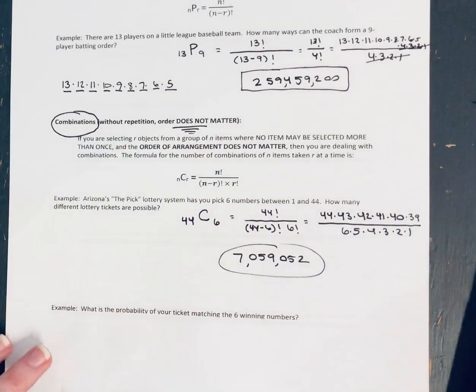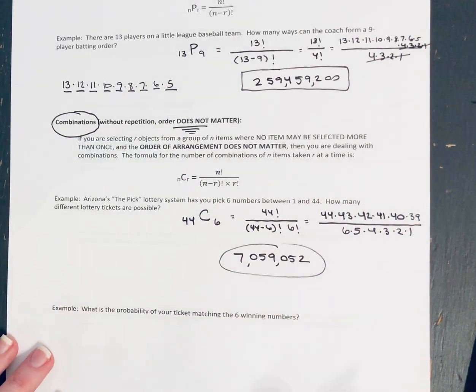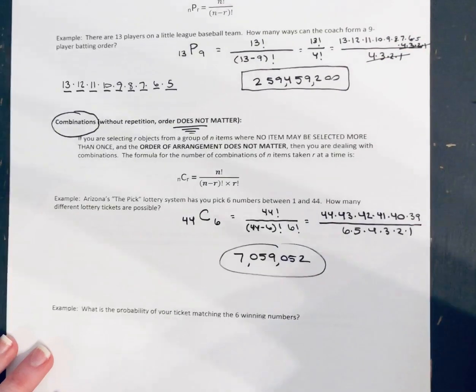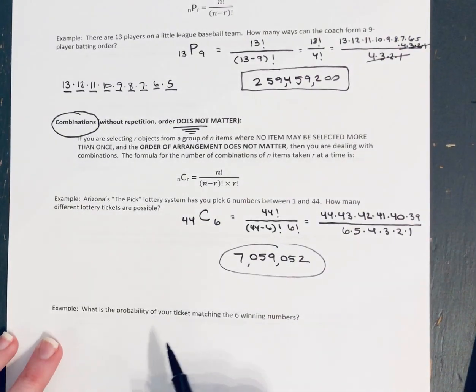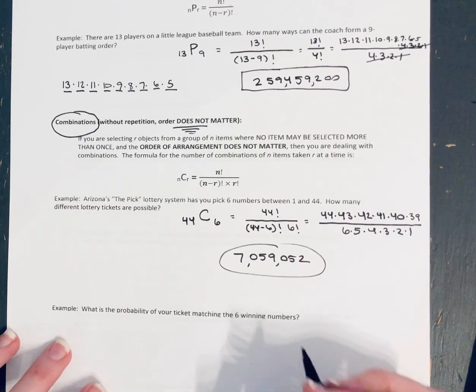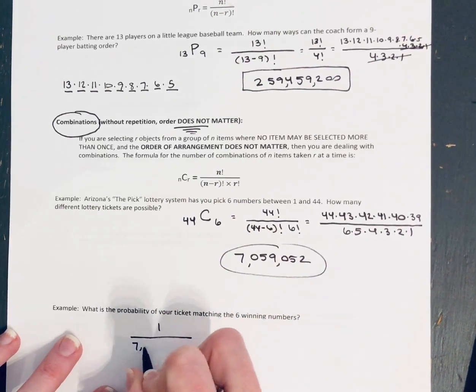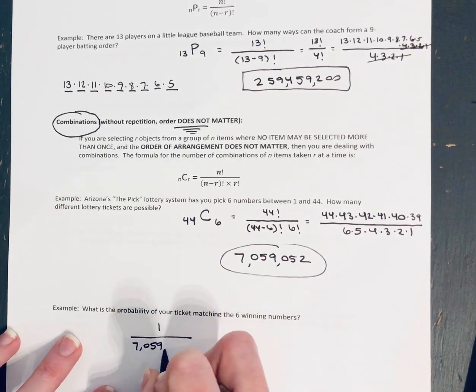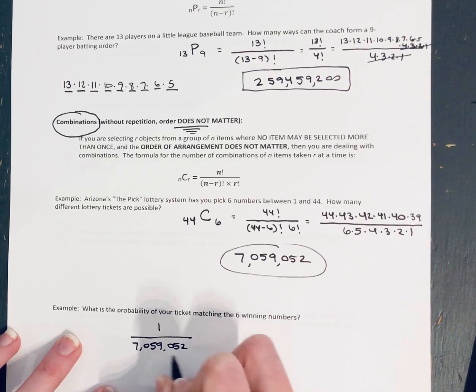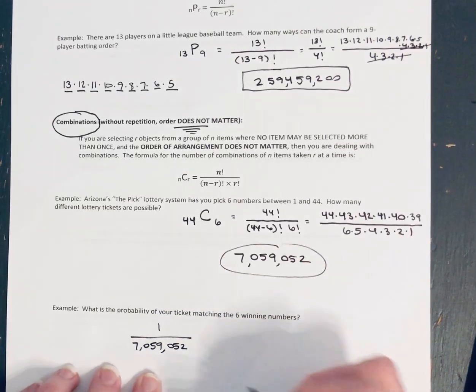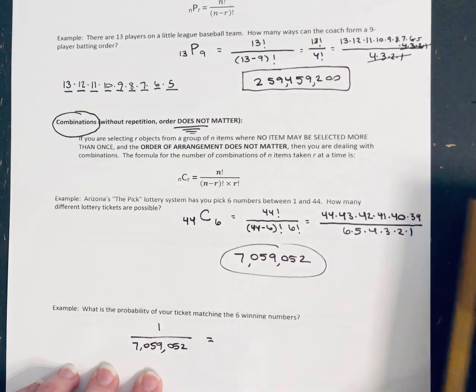And then to finish this up, it asks us here for the probability that our ticket is the winning ticket. Well, there is only one combination of numbers that's the winning ticket out of 7,059,052 possible combinations.